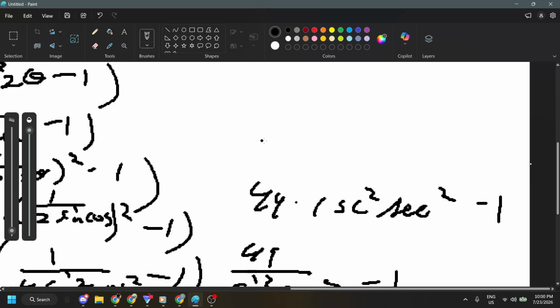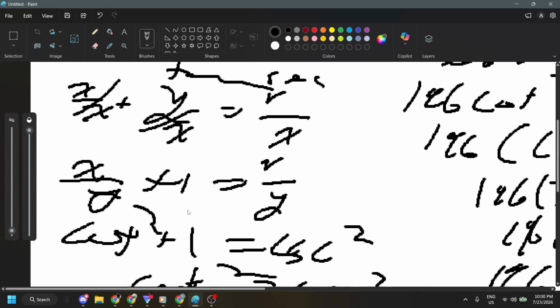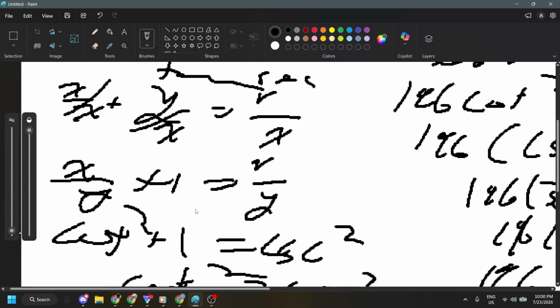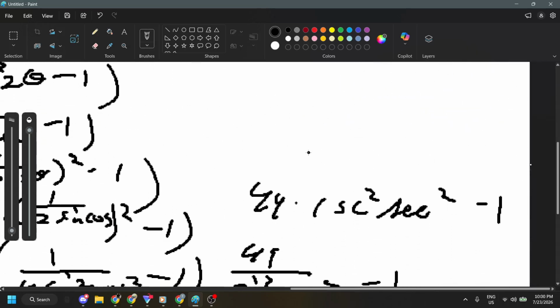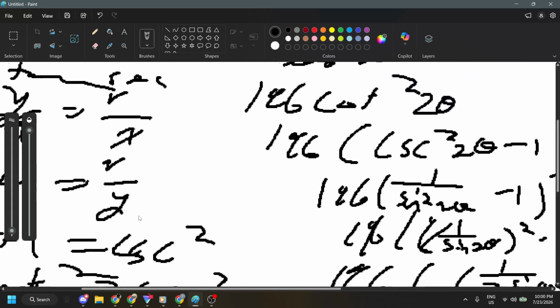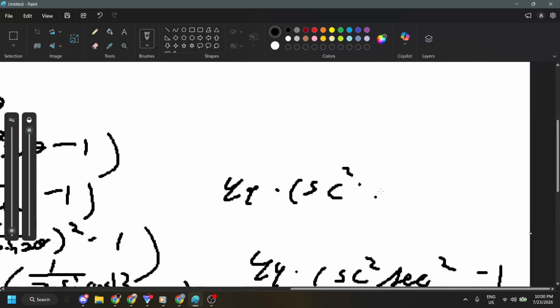And then I can change this to, cosecant is related to, no, secant is related to tangent. Yes, tangent is related to secant. So we get 49 times cosecant times secant squared, which is equal to tangent squared plus 1.